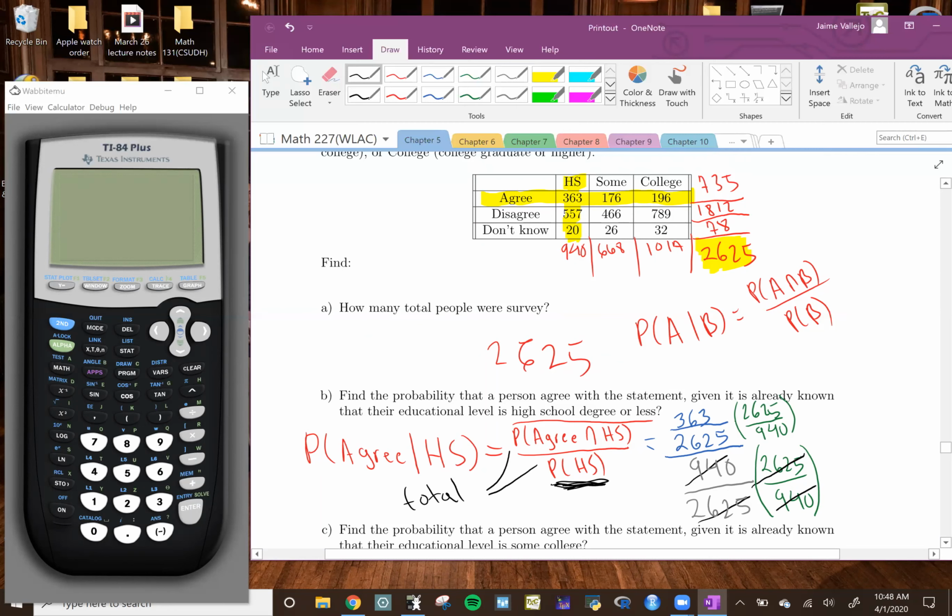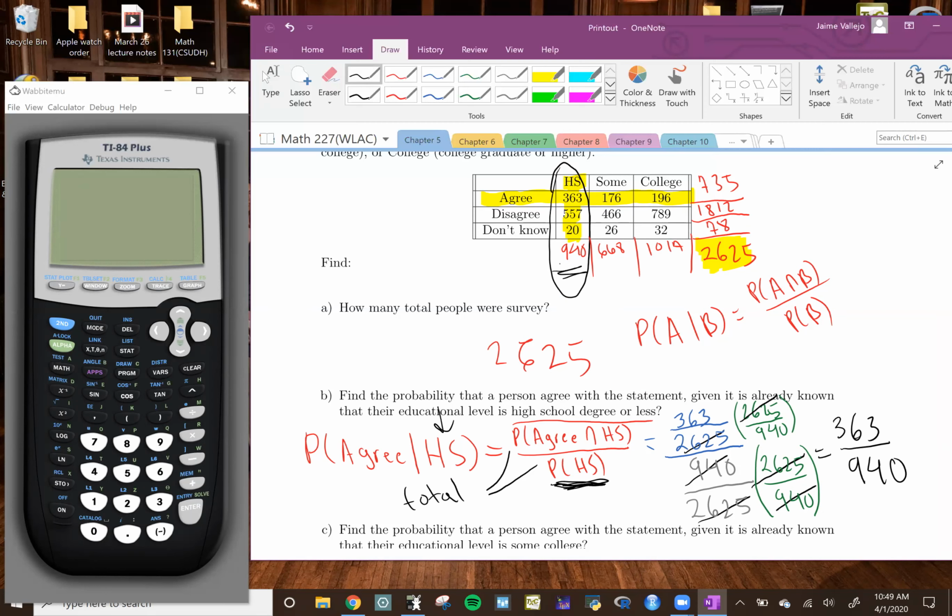On the top, the 2625 and the 2625 also cancel out. So the only thing you're left with is 363 divided by 940. The reason it's 940 is that we said this was the given: given they have a high school diploma or less. So you divide by the 940 because we only want to focus on people who have a high school diploma or less. That's how you do it using the formula.